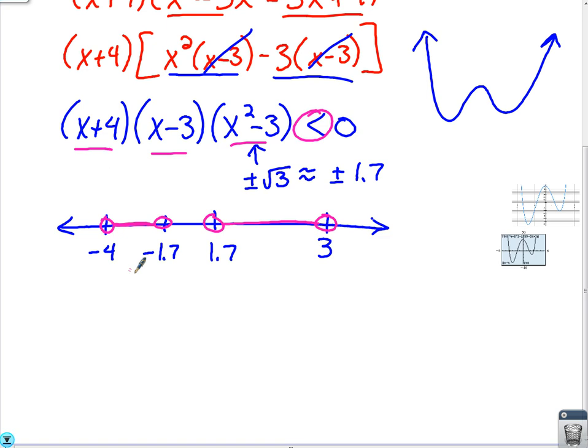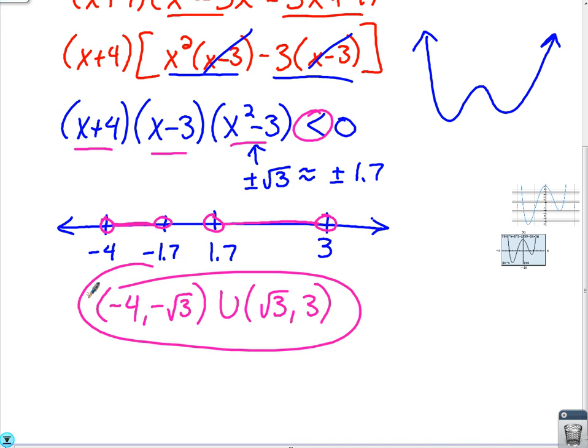But since it does cross, you've got this type of shape, and it's going to be below from here to here. So your answer is, it's below everywhere from -4 to -1.7. Or if you would like for that to be more exact, you can go back and put in -√3 union √3 to +3.